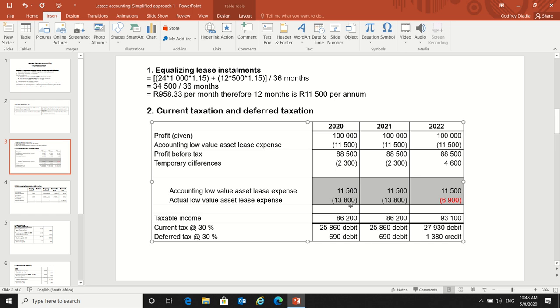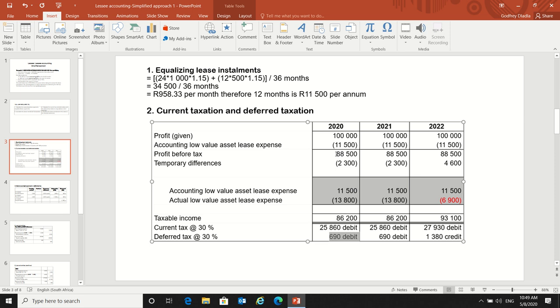It's 13,800. Now the difference between 13,800 and 11,500 gives us 2,300. This 2,300, because it's in bracket, it is taxable. It must create a liability, credit balance sheet, debit income statement, which is this one here, the 690 here. Okay.